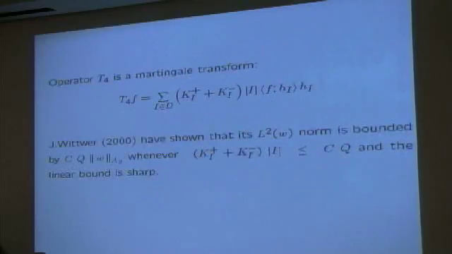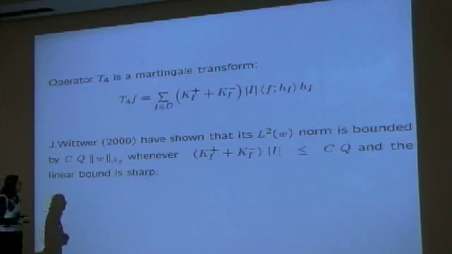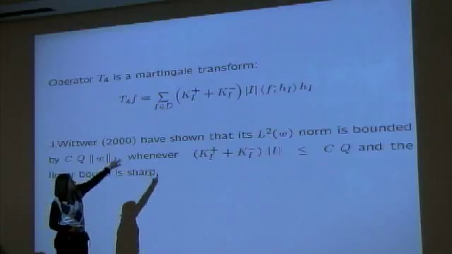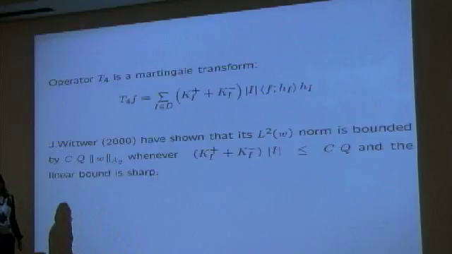T4. T4 is a result of Janine Wittwer in 2000. She shows that it is bounded by the linear bound in the L2 of W whenever we have that those coefficients are bounded uniformly.